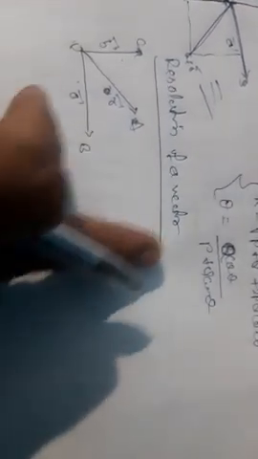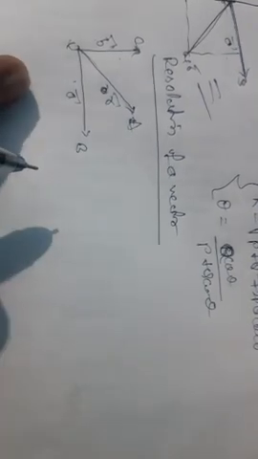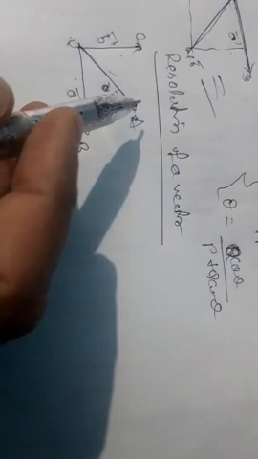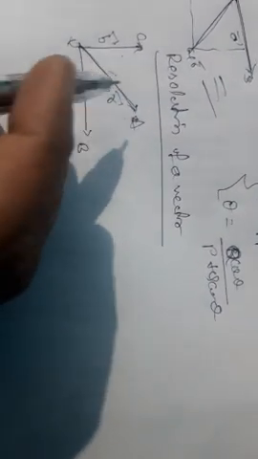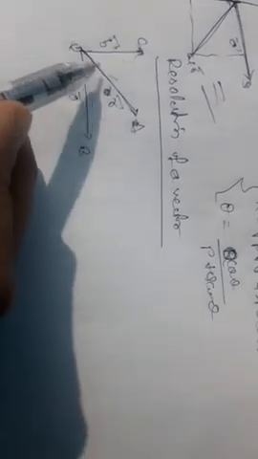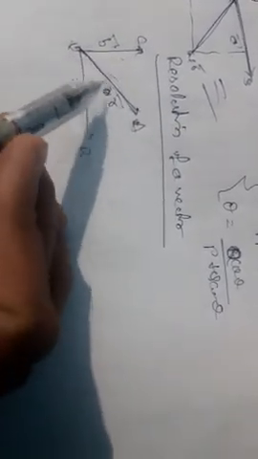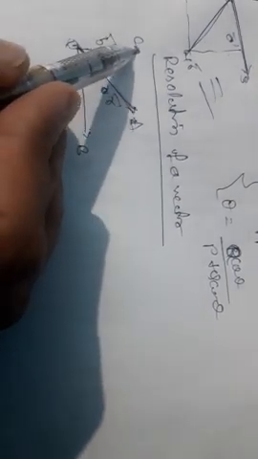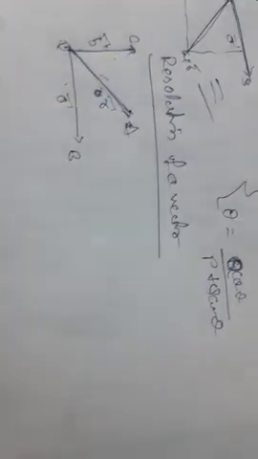What is the definition of resolution of a vector? It is the process of resolving a vector into two components. OA is a single resultant vector. It is resolved into one vertical component and one horizontal component.